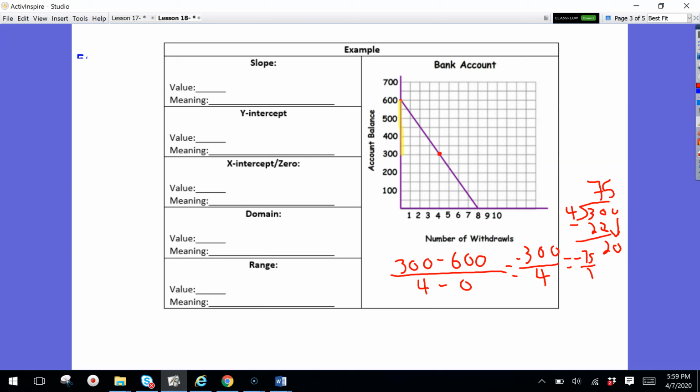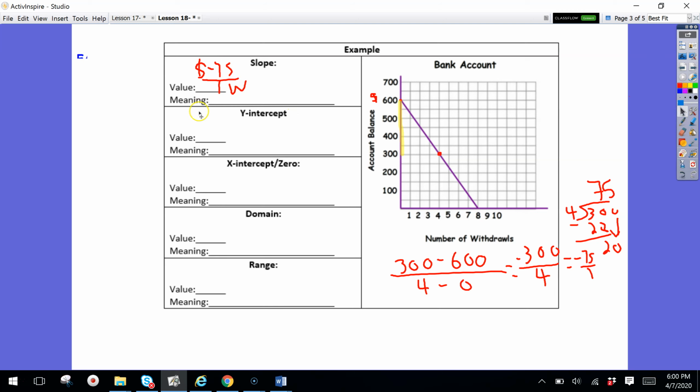Remember we need to include our units here. My y's are money, or account balance, and my x's are withdrawals. So the value here is negative $75 per one withdrawal. We're going to put a W for withdrawal. The meaning is I am losing $75.